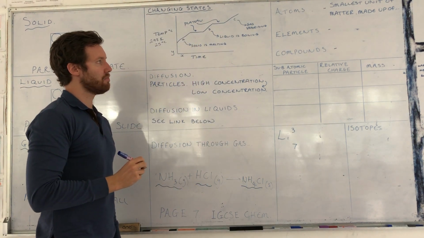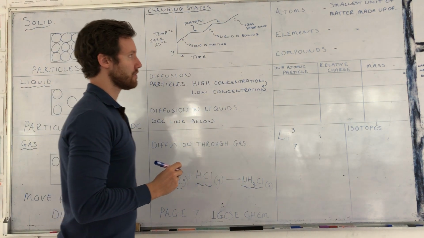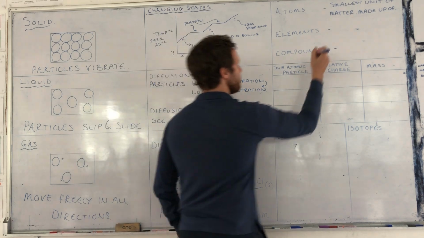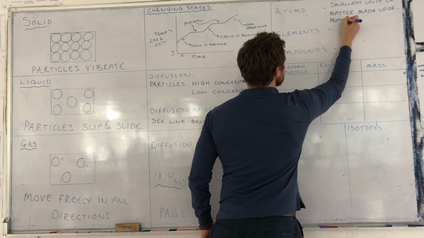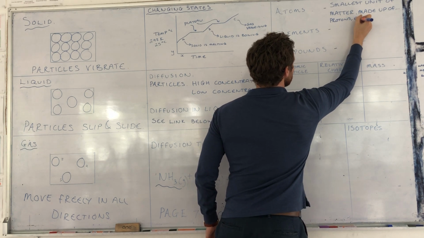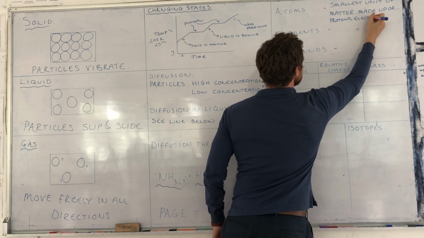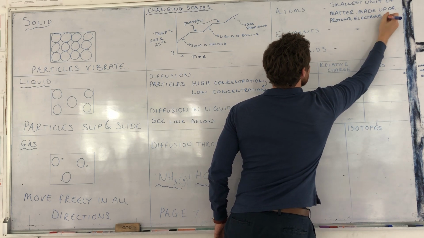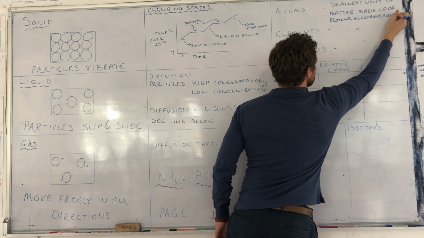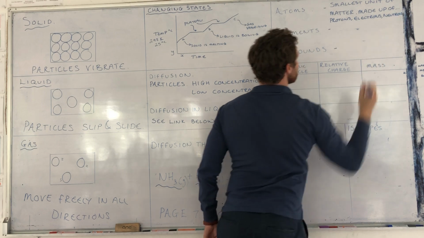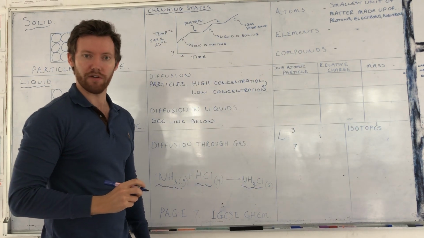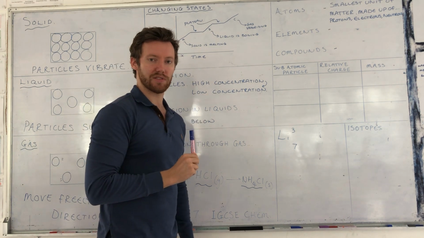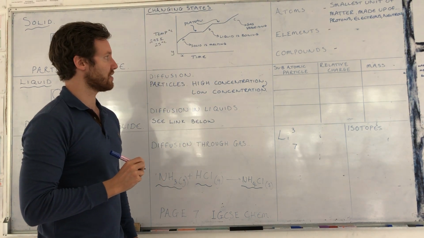Can you think of them before I write them in? Okay, hopefully you got them there. They're made up of protons, electrons, and our final one, neutrons. So our first one, atoms, they are our smallest unit of matter, and they're made of protons, neutrons, and electrons.